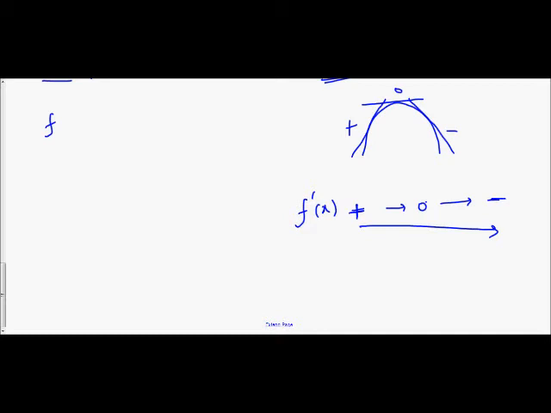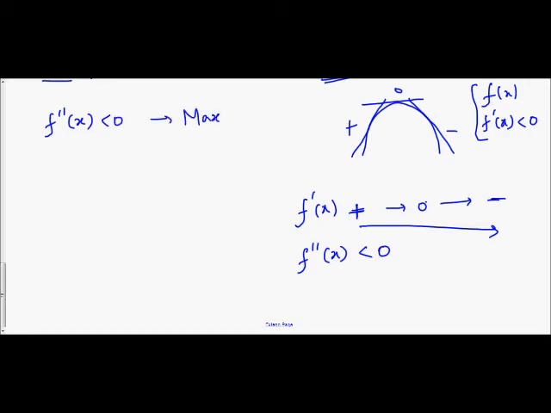For a decreasing function, we saw that if f of x is decreasing, then f dash of x is negative, right? Therefore, if the first derivative is decreasing, then its derivative, which is the second derivative of the function, is less than 0. Therefore, if you have f double dash of x less than 0, then you have a maximum.